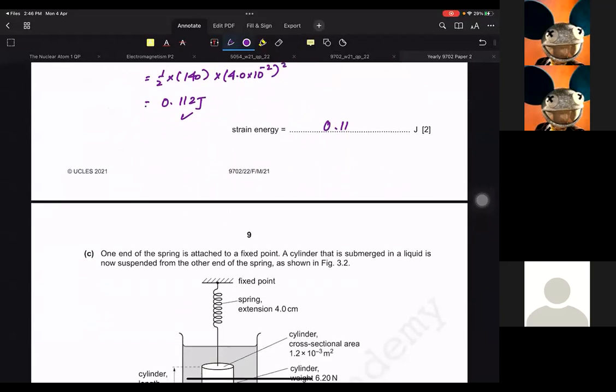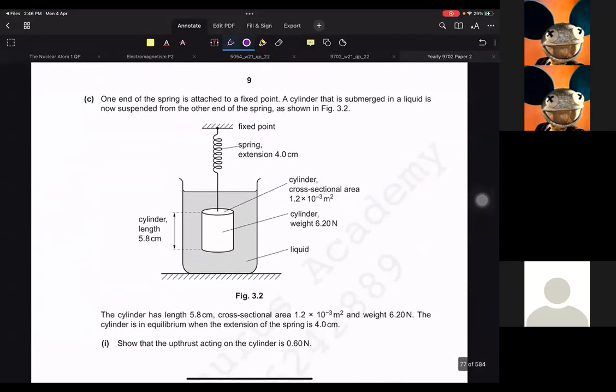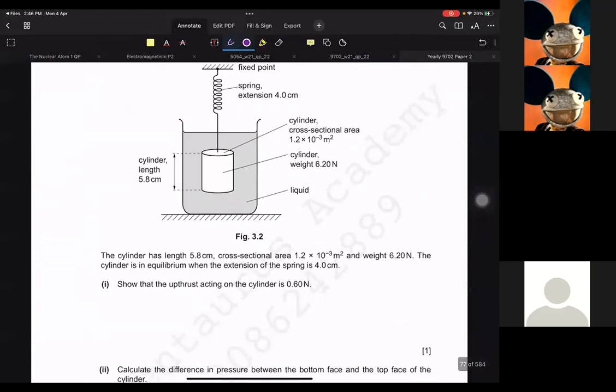Now, going to the next part. It says that the cylinder has a length 5.8, cross-sectional area 1.2, and weight is this. The cylinder is in equilibrium and the extension is this, right? Show that the upthrust acting on the cylinder. So we already know that the weight is going to be downwards, right? There is going to be some tension in this, and of course some upthrust is going to be acting too.